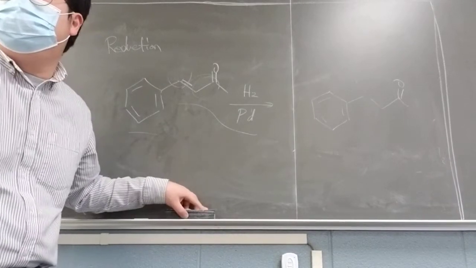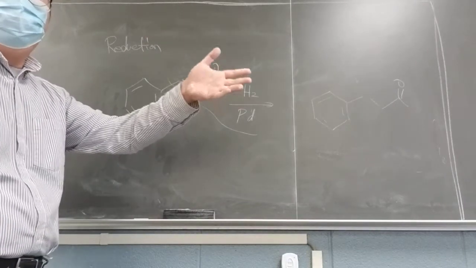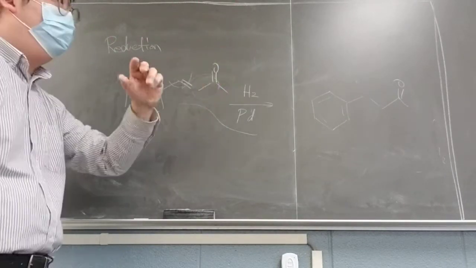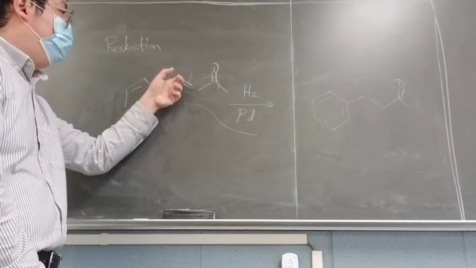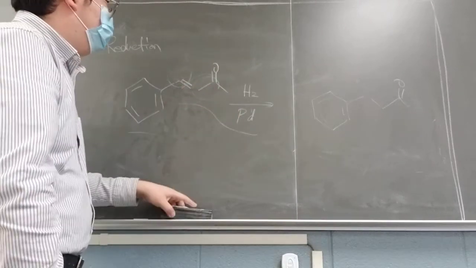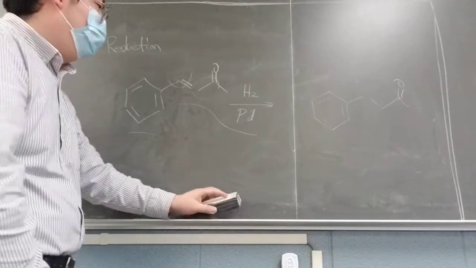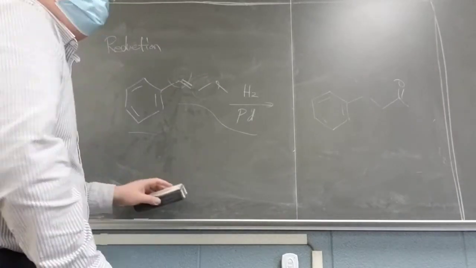Does it make sense? You can always reduce the double bond on the alkyl side, but the carbonyl group, no, because it's very hard to reduce. But based on the benzylic position, you can. Okay, does it make sense? Good? All right, does it make sense really?